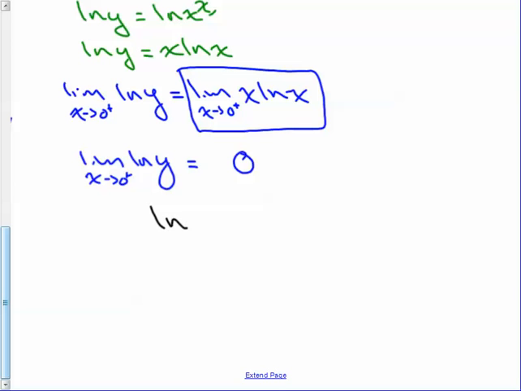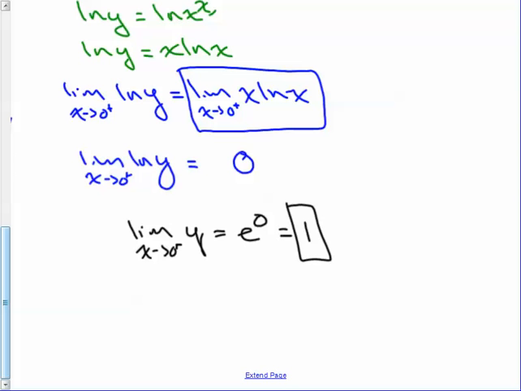So if the limit of the natural log of y as x approaches 0 equals 0, then the limit as x approaches 0 of y must equal e to the 0, which is 1. So my solution is 1. The limit as x approaches 0 from the positive side of x raised to the power of x is 1.